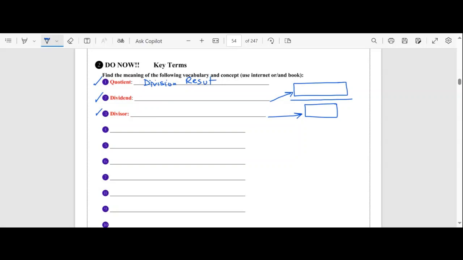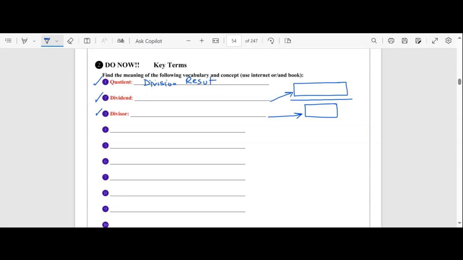Dividend? Mm-hmm. Write the definition next to it. So dividend is the one on the top, and divisor is the one on the bottom, and quotient is the result.